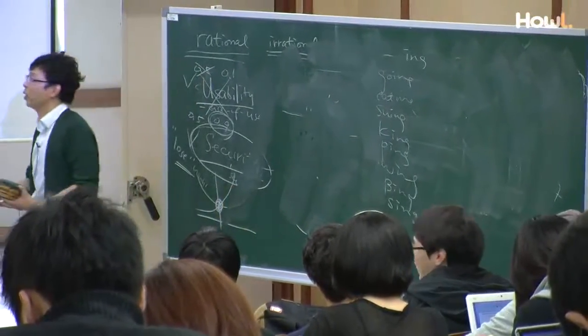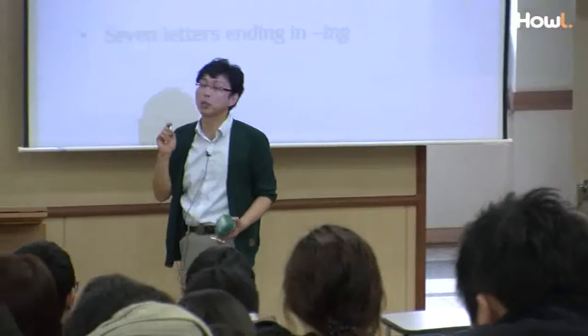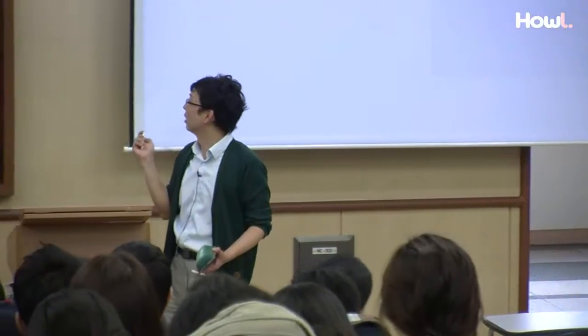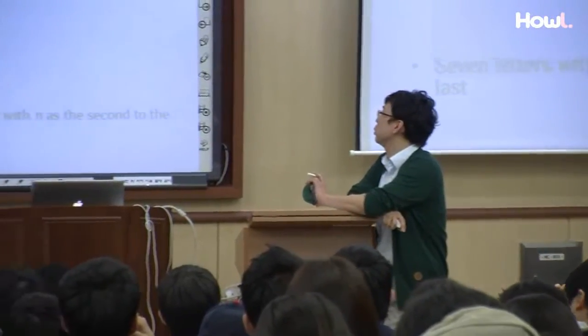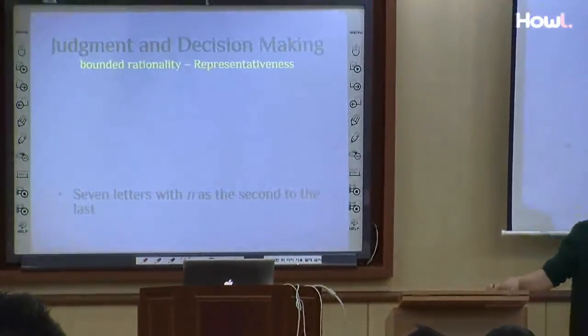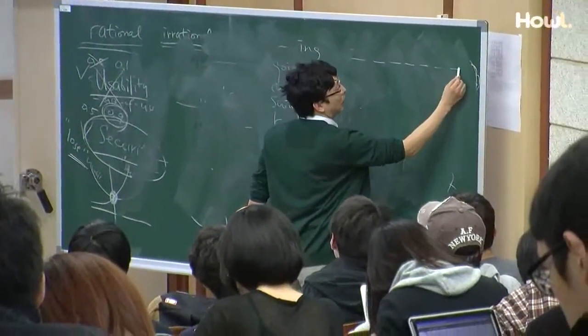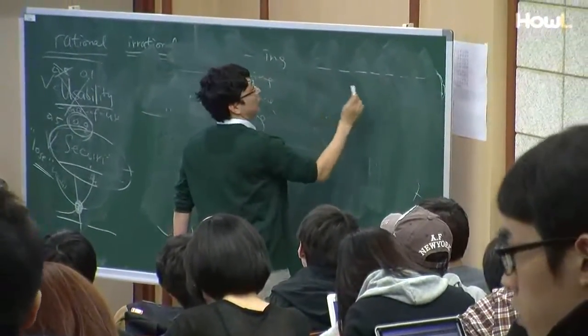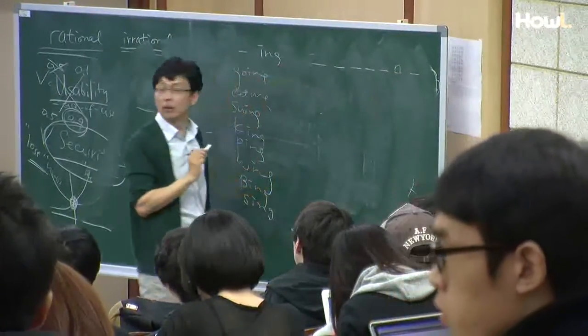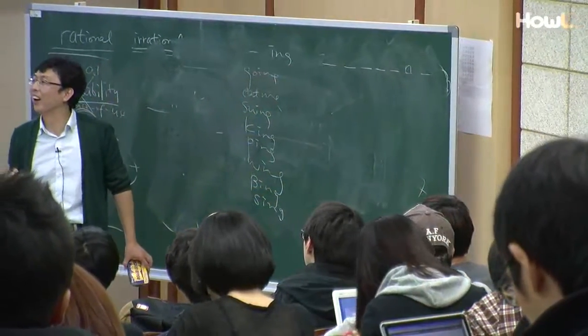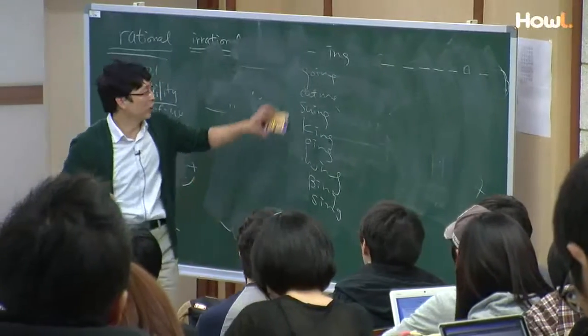Okay. That's it. So, same question, but somewhat different. Seven letters with N as the second to the last. Something, seven letters. 1, 2, 3, 4, 5, 6, 7. That is N. Just ignore this one.